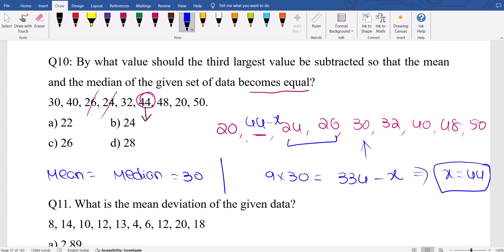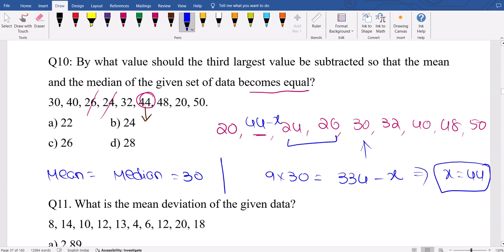But here as options are more than 20, I tried taking 20 and all. 44 minus 20 means it will be 24. In fact 22 is the minimum value. If we subtract more than it, it will be less than 20. So it will not disturb my median with the other things. So that's what we thought of, right?